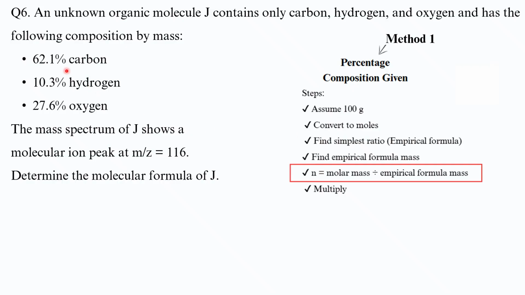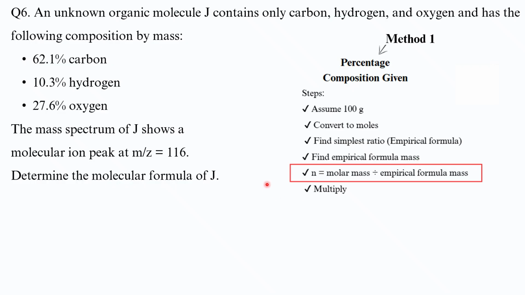Then you will write these percentages as their respective masses: 62.1 gram of carbon, 10.3 gram of hydrogen, and 27.6 gram of oxygen. After determining their masses, you will convert their respective masses into moles. After moles, you will determine the simplest ratio. Once you have the simplest ratio, which is nothing but the empirical formula, you will determine the empirical formula mass.